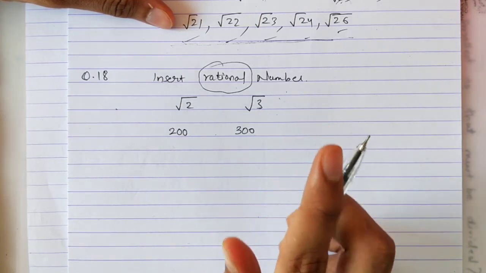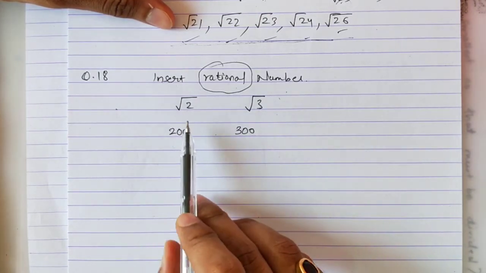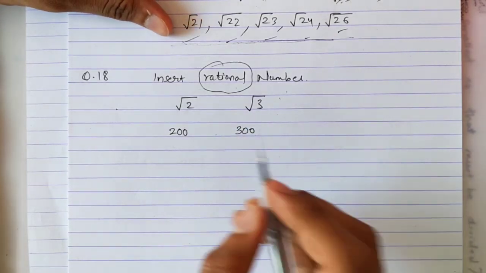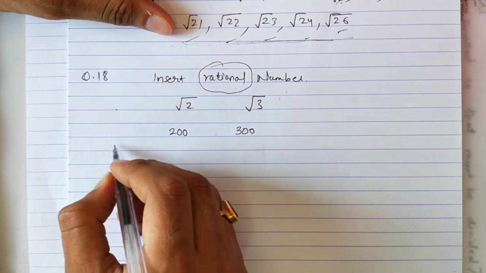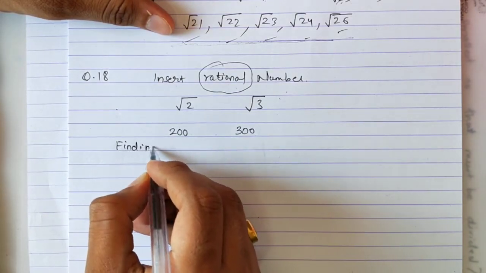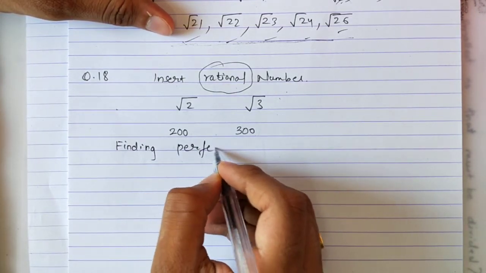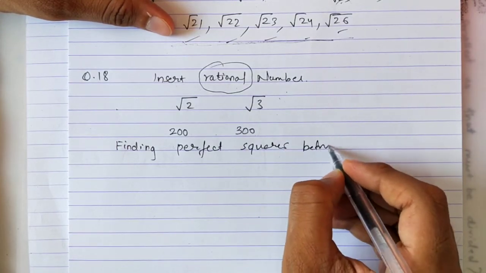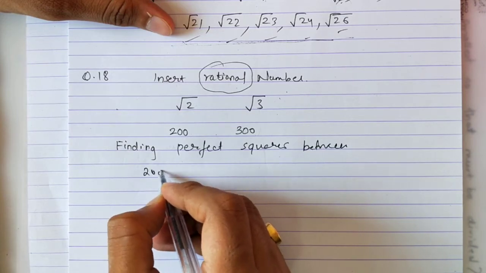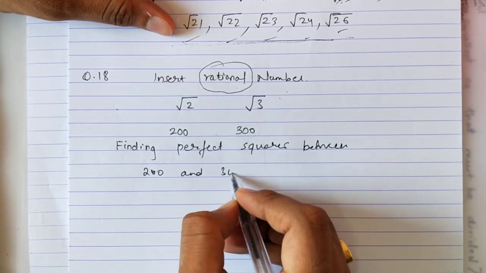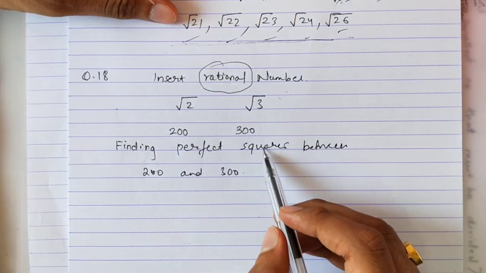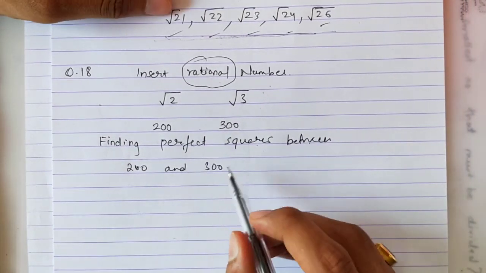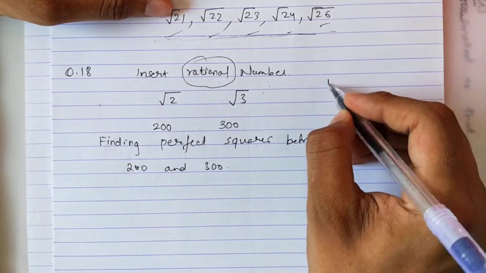You have to find perfect squares between 200 and 300. Wait, I'll write here. Finding perfect squares between 200 and 300. What are perfect squares? See, first step was, I'll keep writing the steps also here.